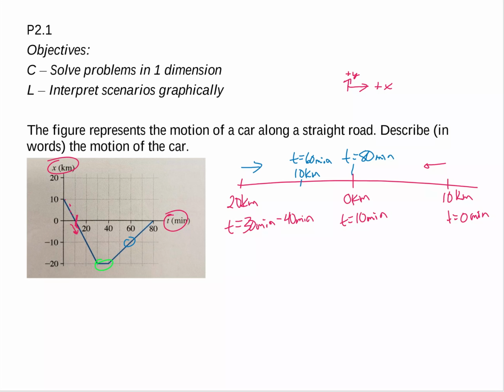But then when it stops for 10 minutes and then starts going again, that's a different speed. If they're moving 10 kilometers for every 10 minutes, he multiplies by 6 to convert minutes into hours.